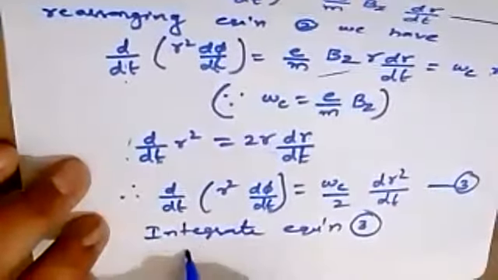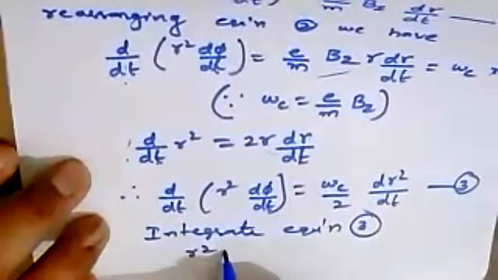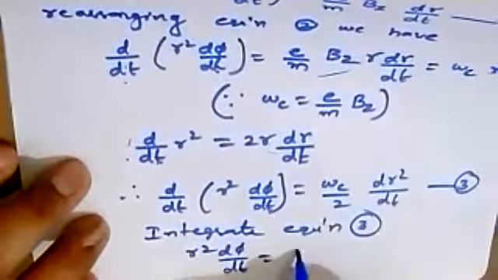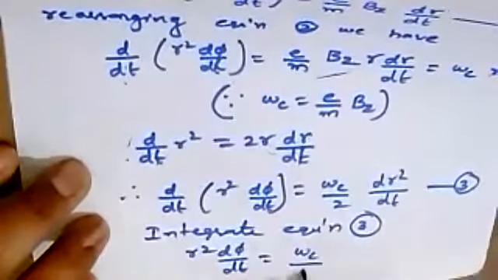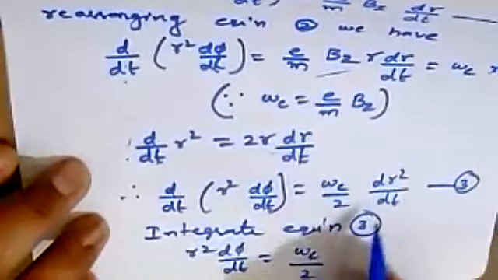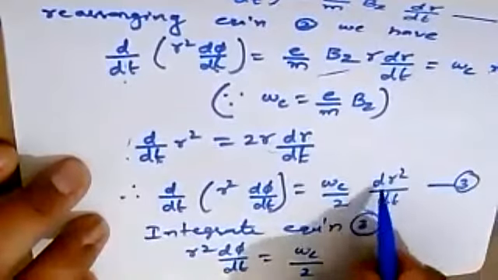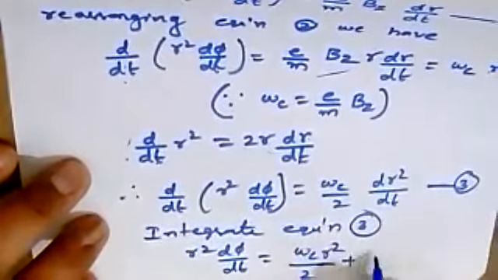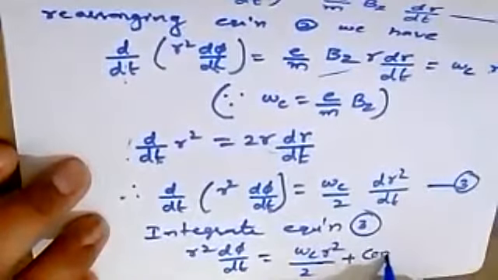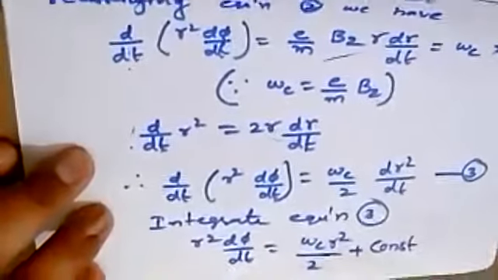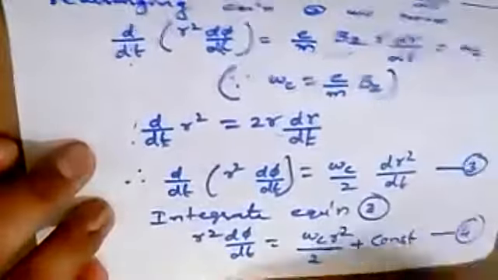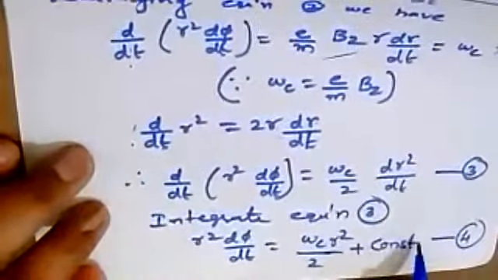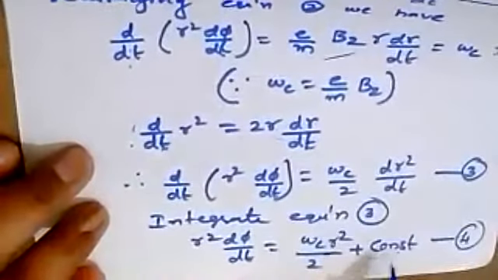So let me write the equation: r square d phi by dt, and this will be equal to omega c by 2 r square, since integrating d by dt and integration cancel out, and here we get some constant. Here some constant will be obtained, and let this be equation 4. Now we need to calculate this constant value and substitute it.